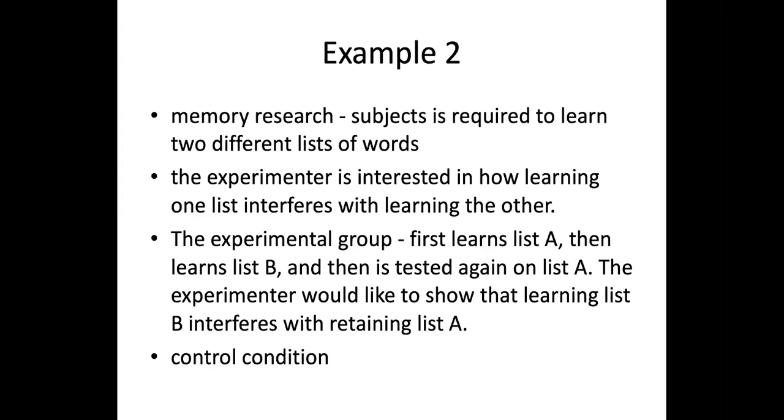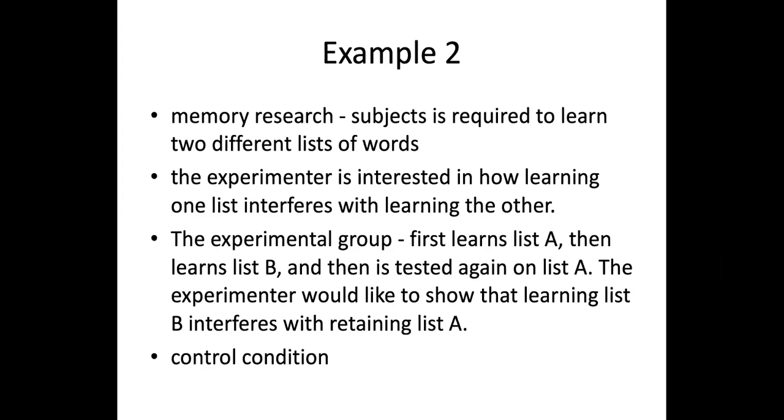When participants learn list A and they're immediately tested on that list, and in the experimental group, they study list A, then they spend some time studying list B, and then they're tested on list A, even if we get that they are remembering fewer words, one alternative explanation could be that maybe just more time elapsed between studying the list and testing on that list.